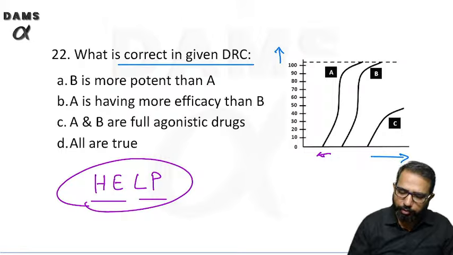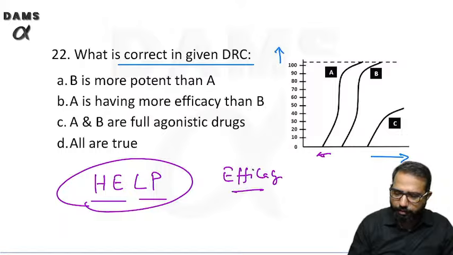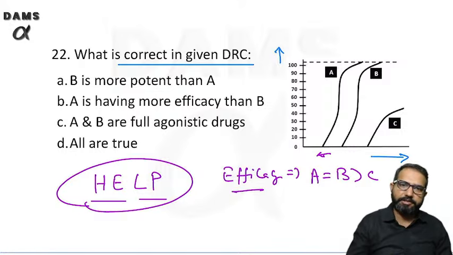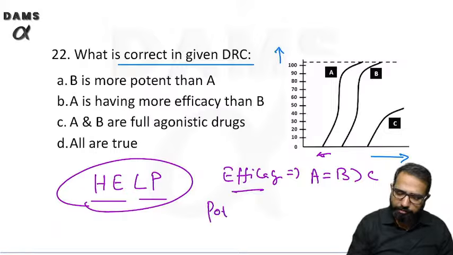Let's see, for efficacy, A is equal to B, and then we have C. C is least efficacious, its height is less. But what about the potency?